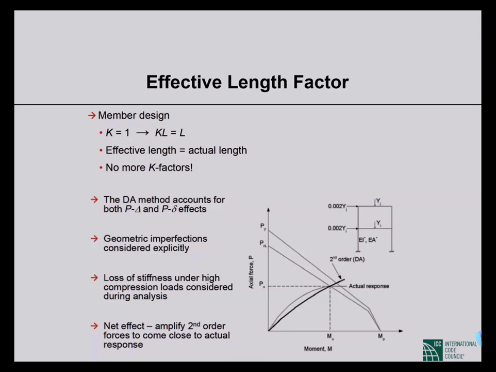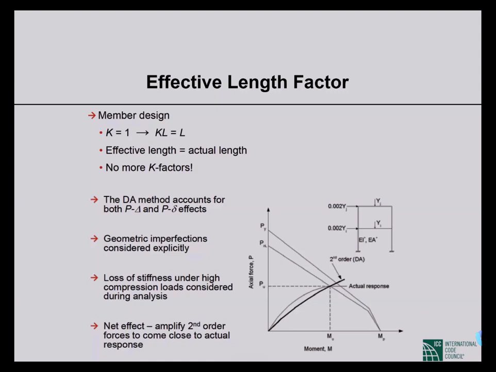And in effective length method, we calculate some factors to consider P delta effects, B1 and B2 factors, and we apply them. So that's kind of an approximate, indirect way of considering these effects. In effective length method, geometric imperfection is not considered.